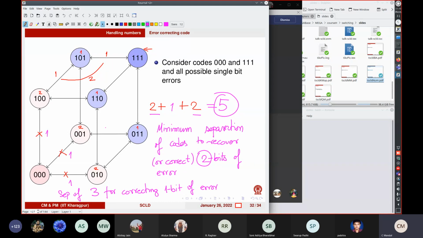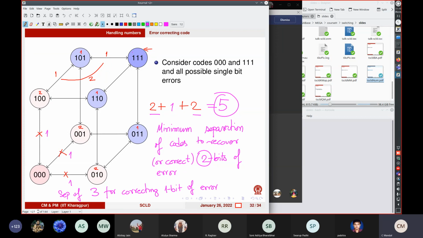This diagram actually just helps you to see that, while it is not fully appropriate for explaining phi, the only thing you can see from here is this: suppose you take the code 111.